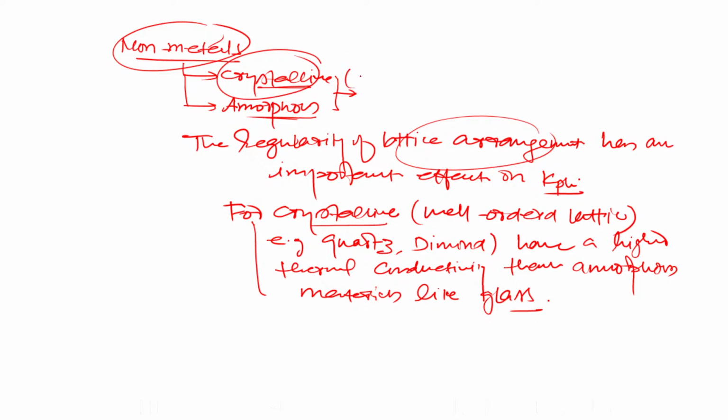So crystalline have well ordered, regular lattice arrangement. They are irregular.